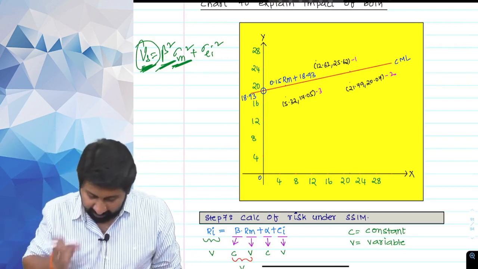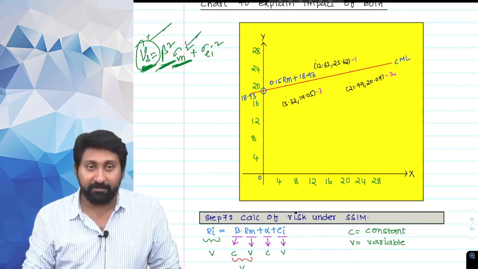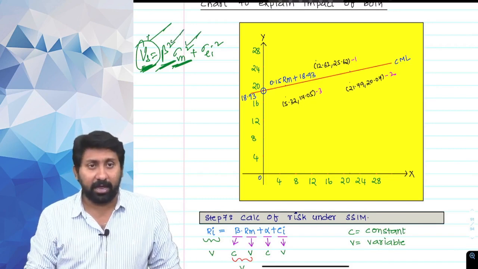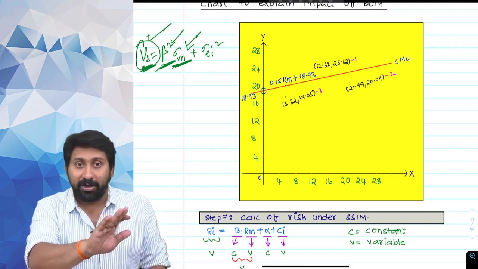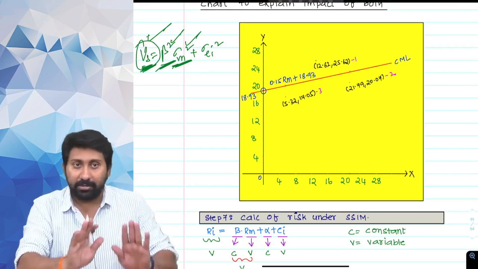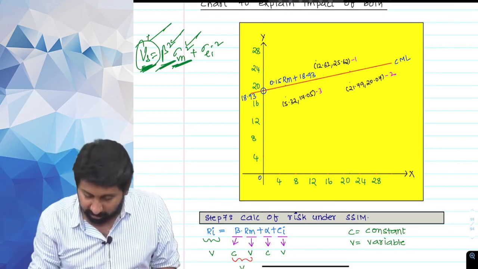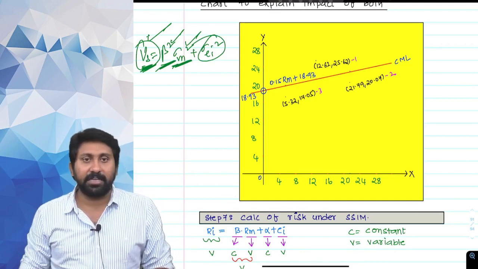Again, why does security return vary? Because the market varies. How much? Beta times. The security will change because the market changes, but other than this, there may be company internal factors which will add to the risk of the security.